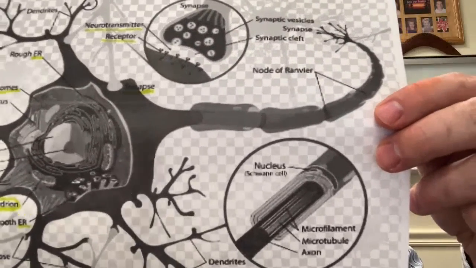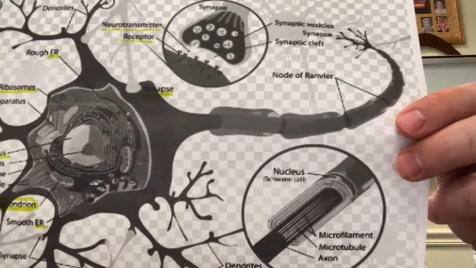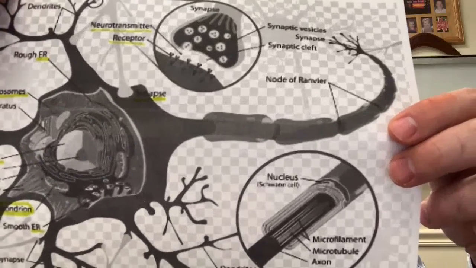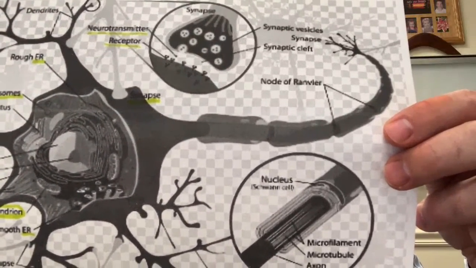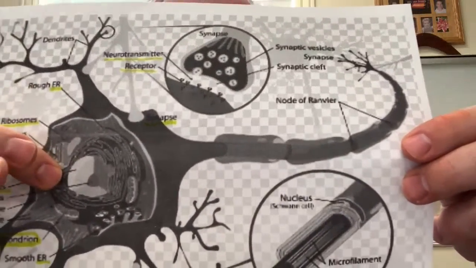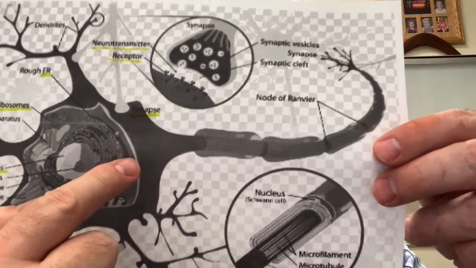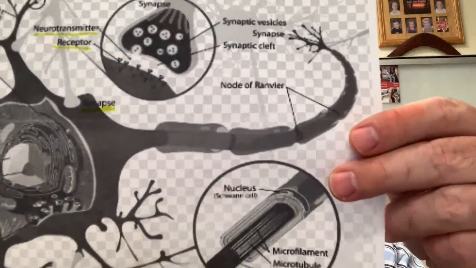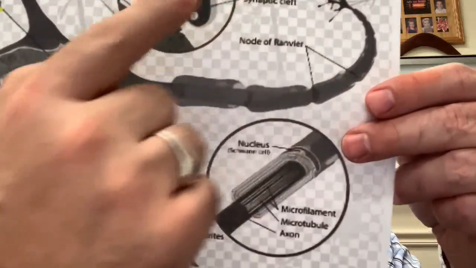So the nerve cell is similar to other cells, but you also have the dendrites that can bring communication from outside the cell into the cell, and you've got the axon that is going out.